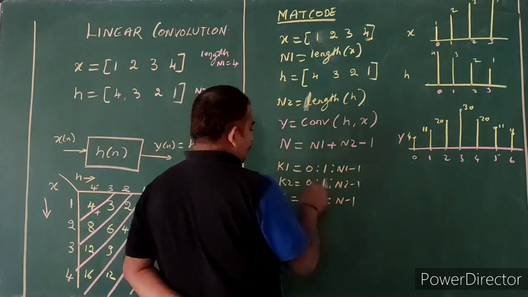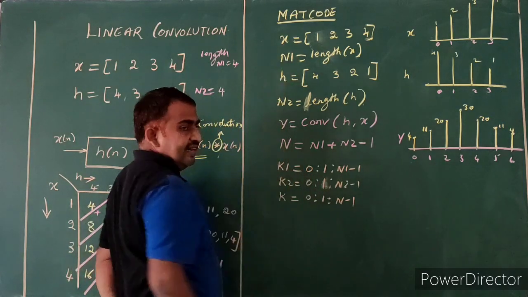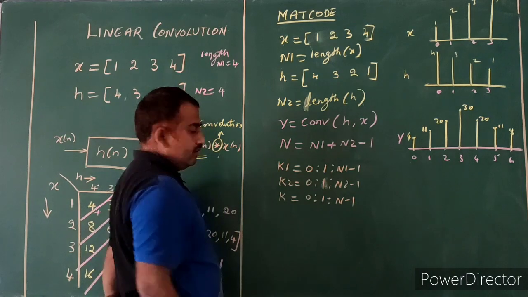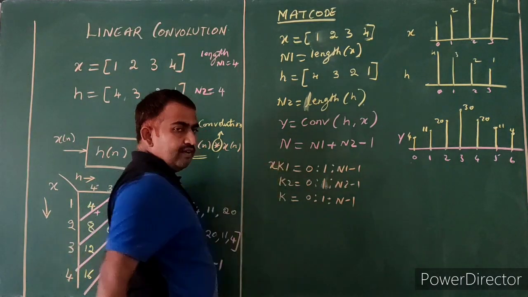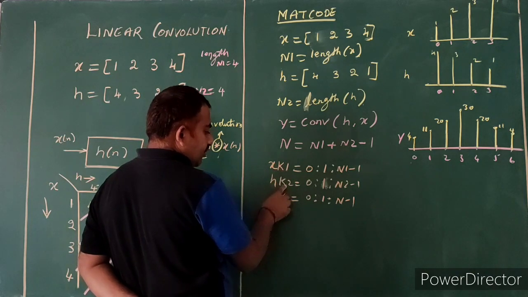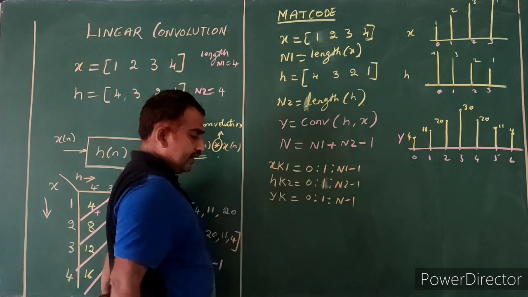So these are for the respective indices there. For x, I will write xk1 to make it easy to understand. These are the index for x, index for h, index for y, yk.